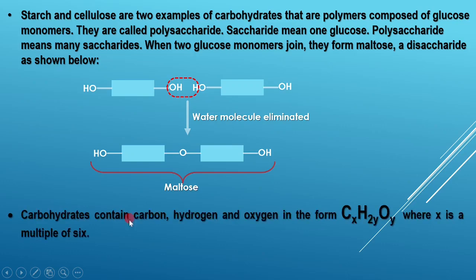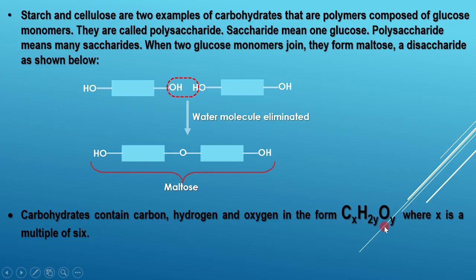So here we are saying carbohydrates contain carbon, hydrogen, and oxygen in the form CX, then H2Y, then OY, where X is a multiple of 6. So that's how it is.